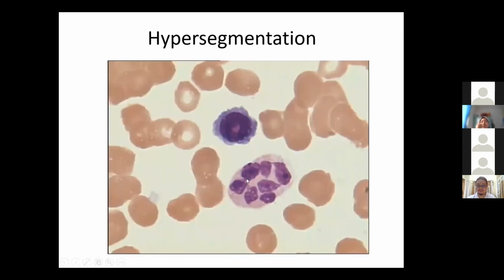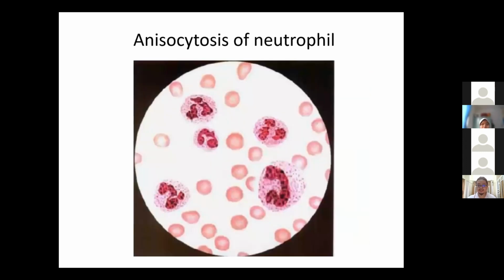This one is hypersegmentation. Yeah, 2, 4, 6, 7. So that one is considered very hyper. Anisocytosis of neutrophils, different shape and different size. Variation is too much here. He's got like a band shape. This one 3 lobes.